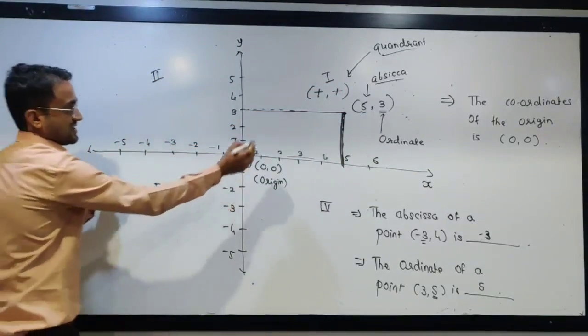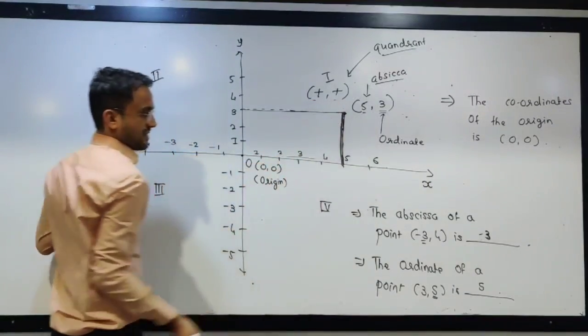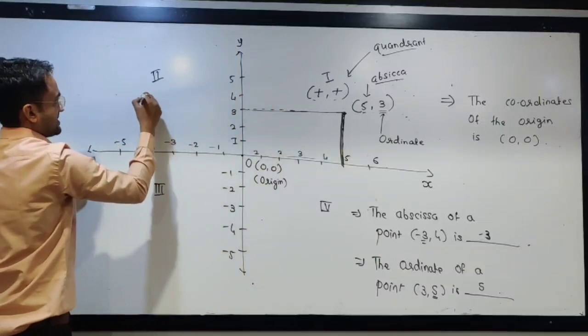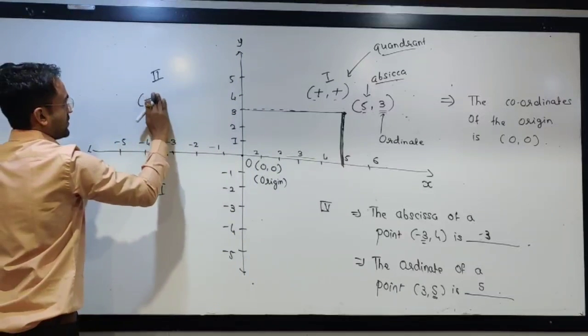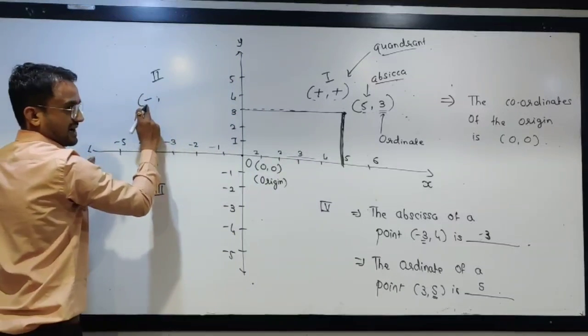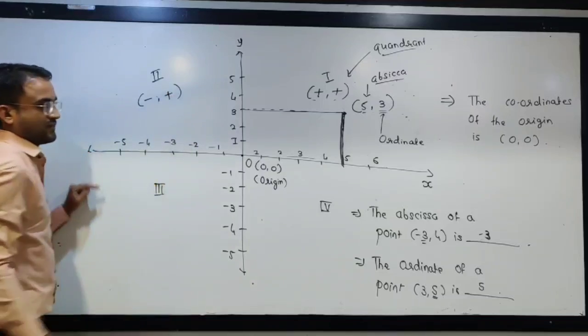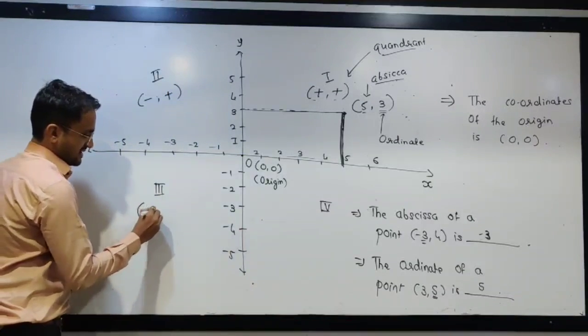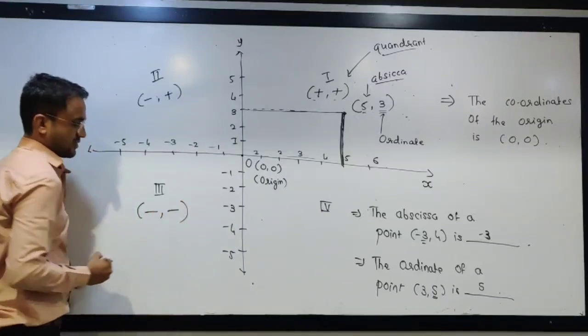In quadrant 2, this is your x and this is your y. Here your x is minus, your y is plus. So in quadrant 2, minus on x, plus on y. In quadrant 3, your x is minus, y is minus, both are minus.